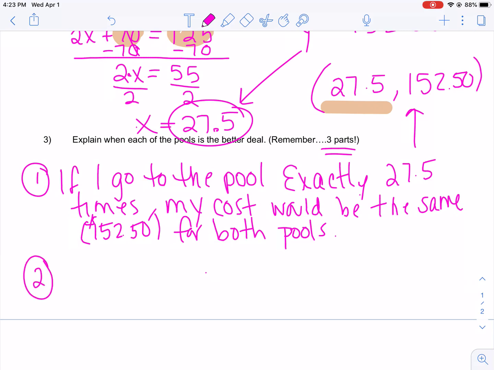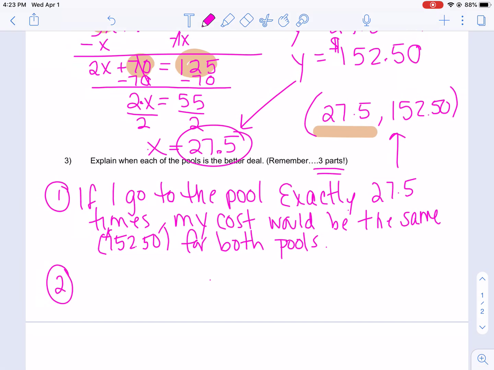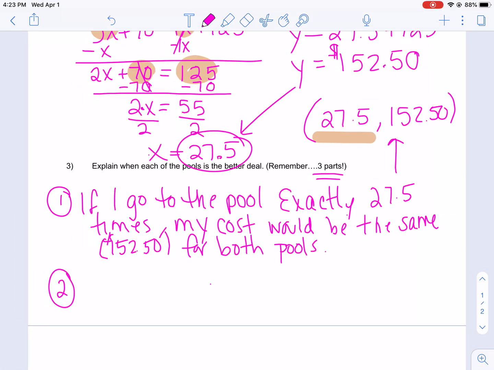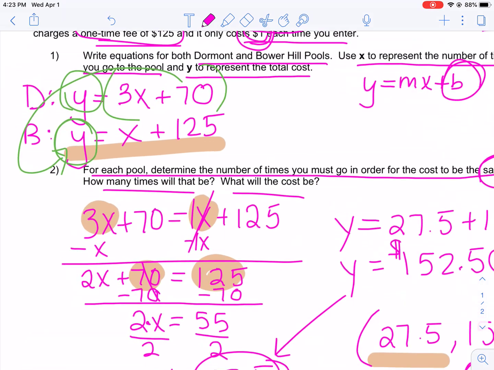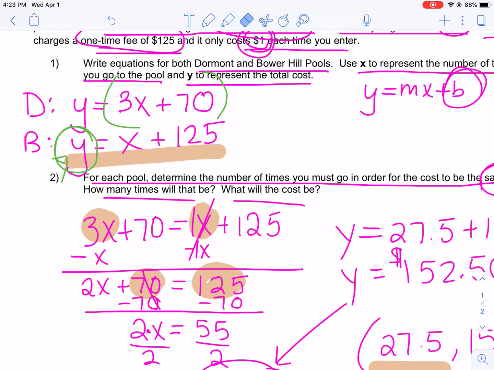Okay, so if you're going to go to the pool 27 and a half times, you're not going to be able to go that many times, so let's say 27 times. If you're going to go 27 times, which one is better, 27 or less times? Take a look at the system, and I'm going to erase some of my green markings here.